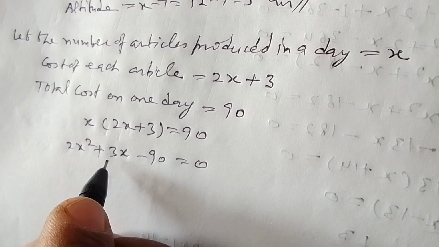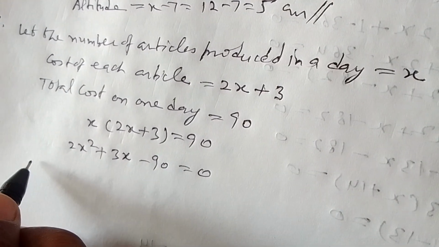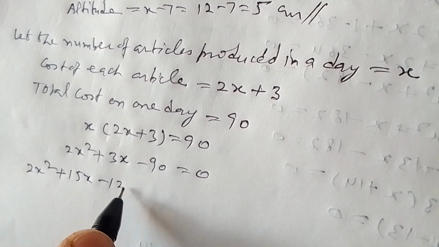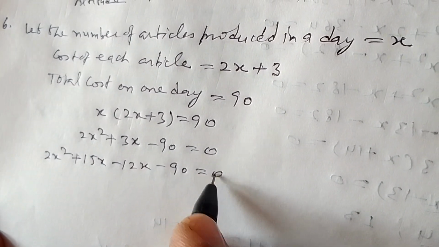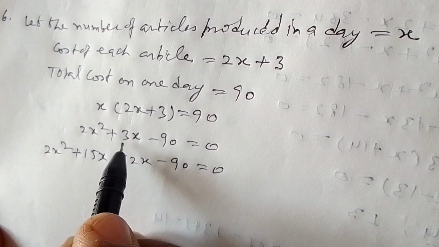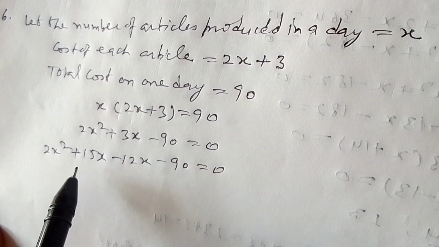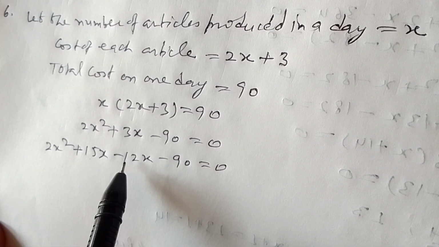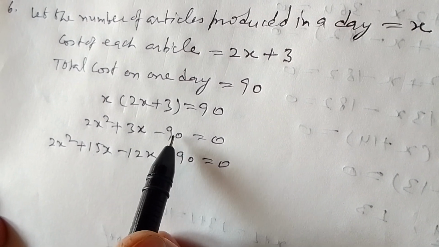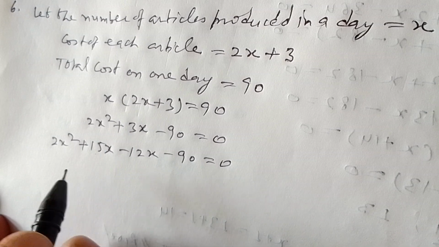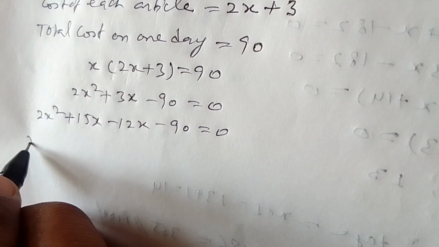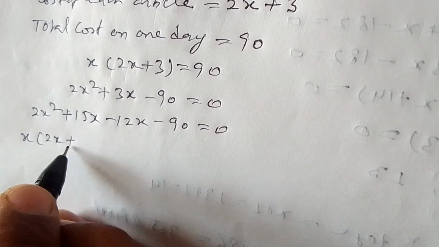So we will break 3x into two parts. So it becomes 2x square plus 15x minus 12x minus 90 is equal to 0, because 3x is broken into two parts, that is 15x minus 12x. The sum becomes 3x. 15 multiplied by 12, it becomes the product of 90 and 2, 180. So taking x common from the first two terms, it becomes 2x plus 15.